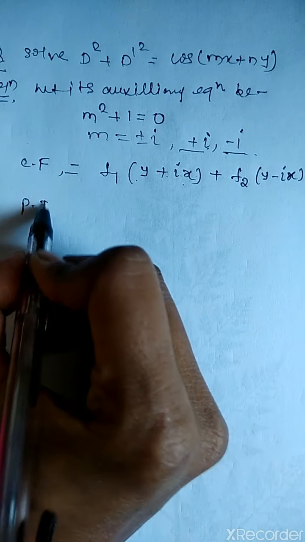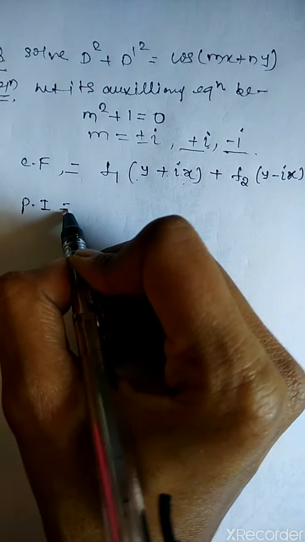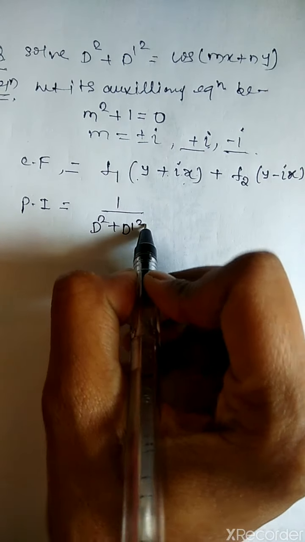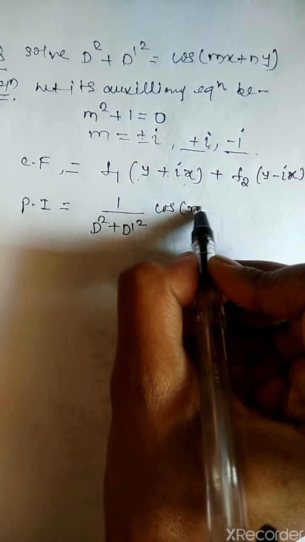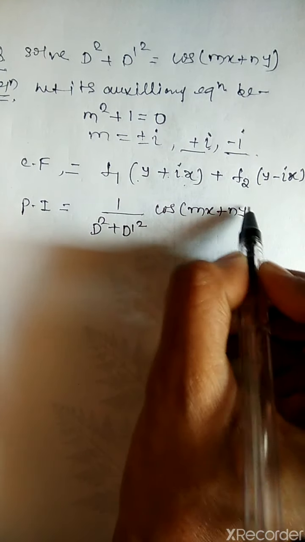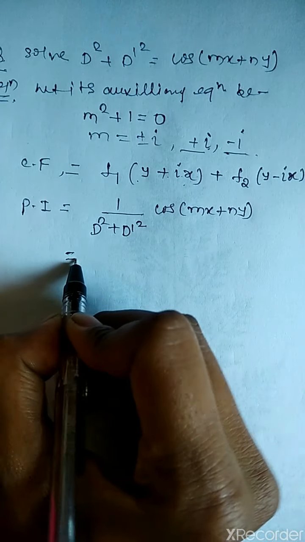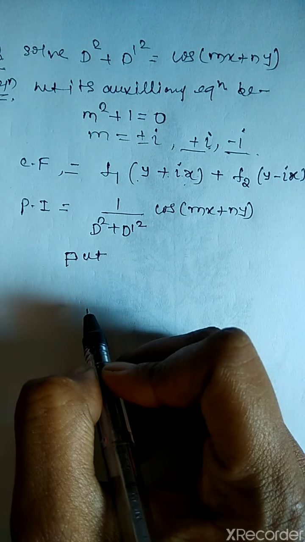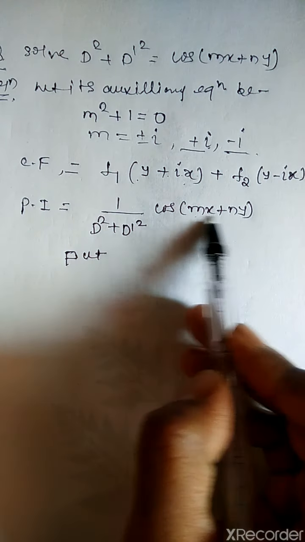Now the particular integral part. For the PI part, you will write it as 1 by (D² + D'²) into cos(mx + ny). Now what is the rule? The rule is first we put mx + ny equals to t.